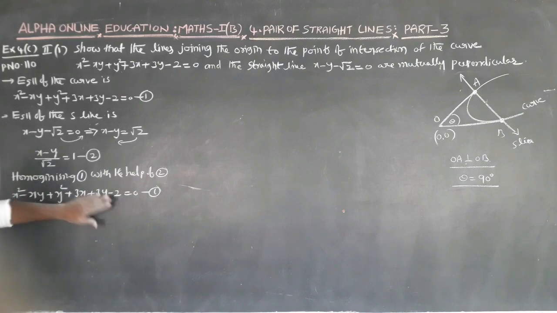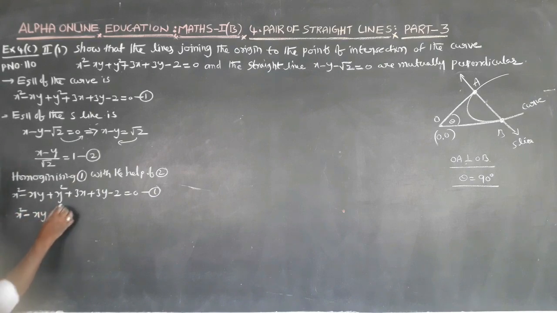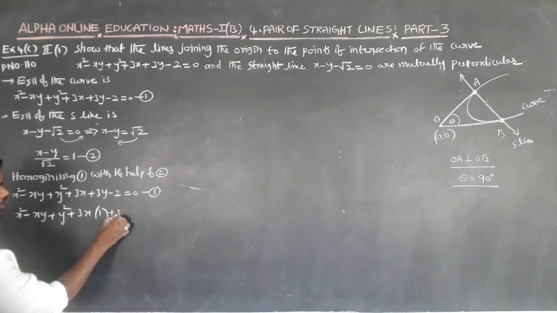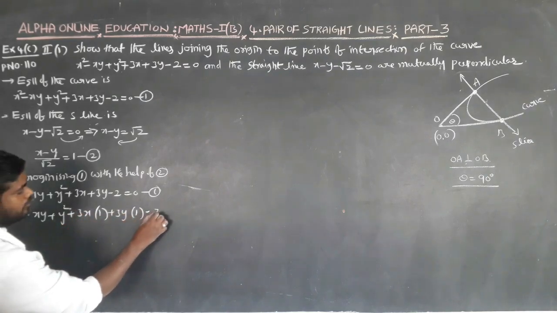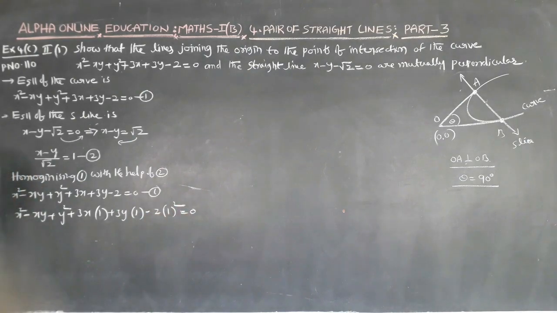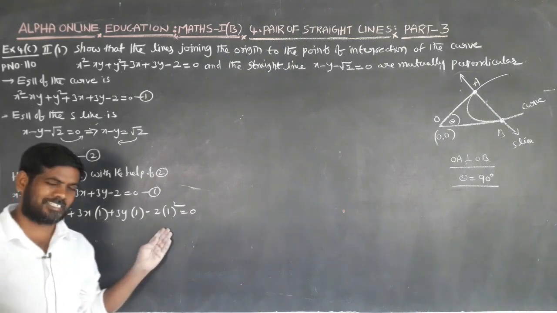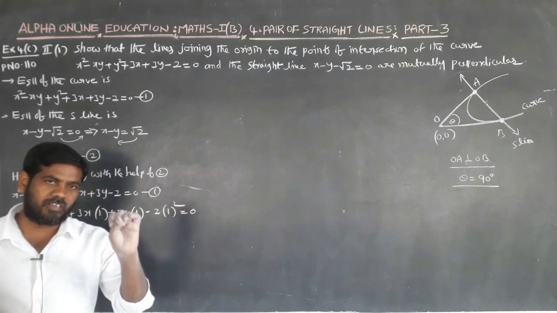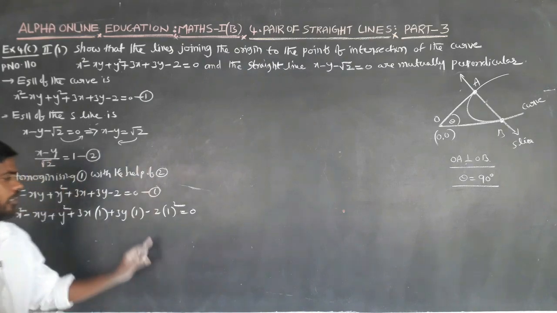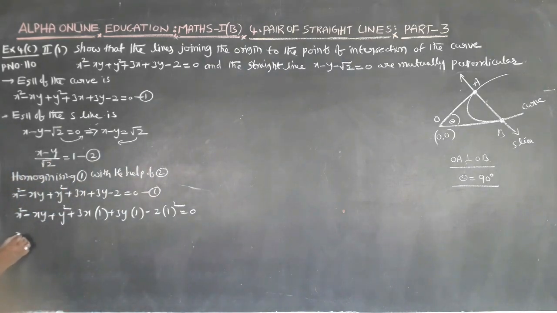Write x square the same, xy term the same, y square term the same, x term into 1, y term into 1, constant into 1 square. This is the same process. Always write the x term into 1, y term into 1, constant into 1 square.